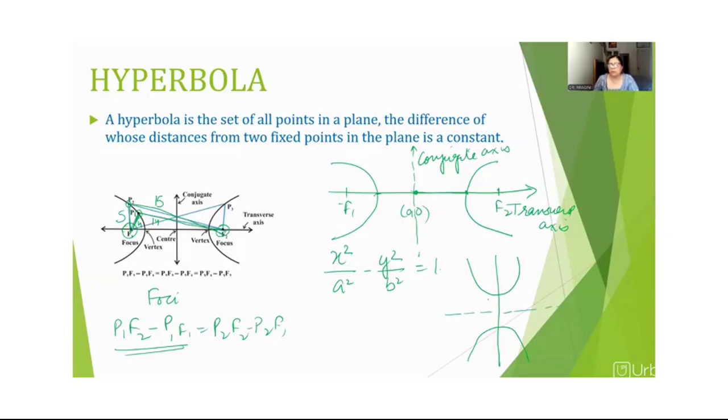So in this case also the equation gets modified. Since here the major axis goes on x, we take a here. Otherwise, we can have y square by a square minus x square by b square is equal to 1. Right, these are the basic equations that we have discussed here.